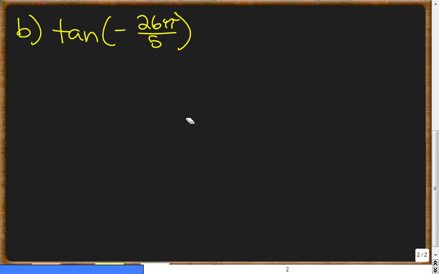Now, I know that what I can do is add pi or 2 pi to an angle and keep it the same. It's quite nice. So, for example, with negative 26 pi over 5, if I added 2 pi to it, I have the same value of tangent.